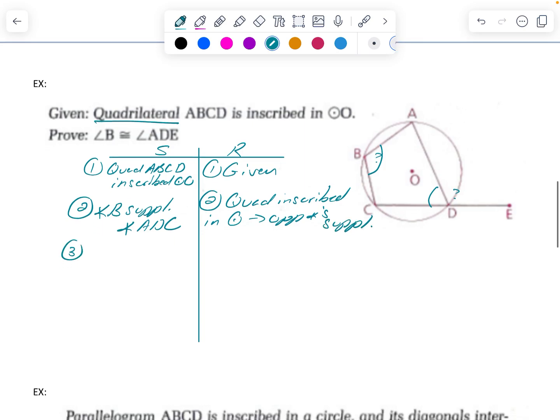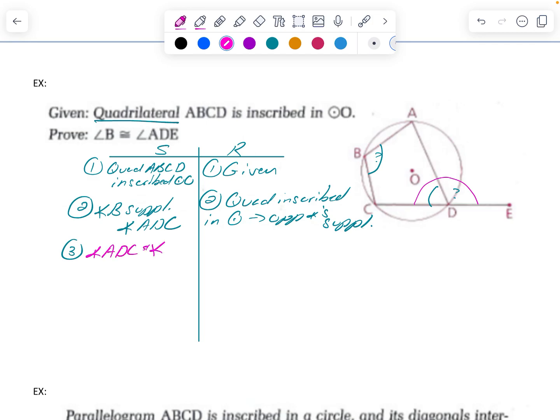All right, well, we also know these two angles here make a linear pair and are supplementary. So we could say angle ADC and angle ADE are supplementary. And that's because a linear pair is supplementary.